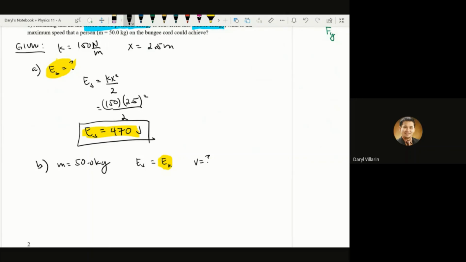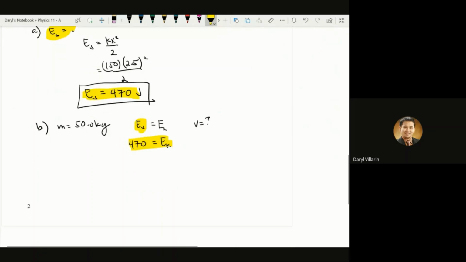So if this is 470, my kinetic energy is 470 also.